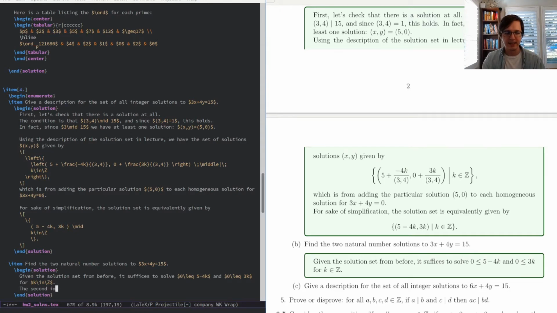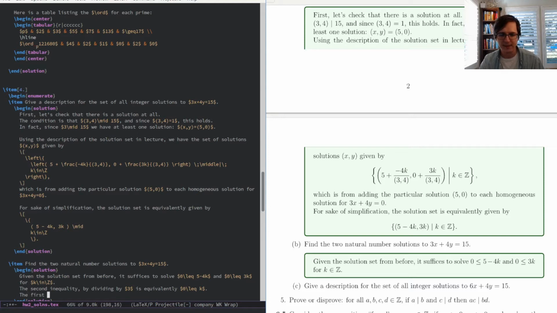The second inequality, by dividing by 3, is equivalently 0 is less than or equal to k. So that means we can just start plugging in values of k until the first inequality fails. But let's also manipulate the first one just for clarity.